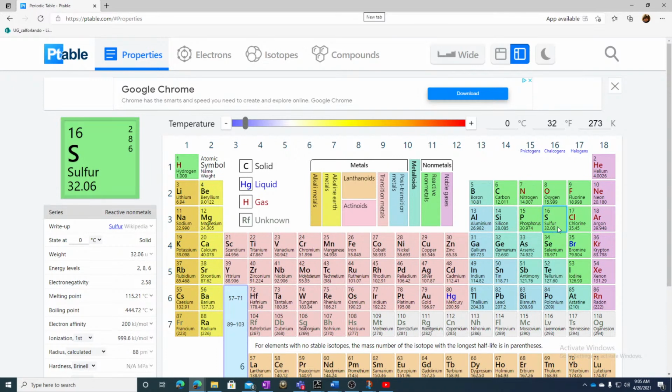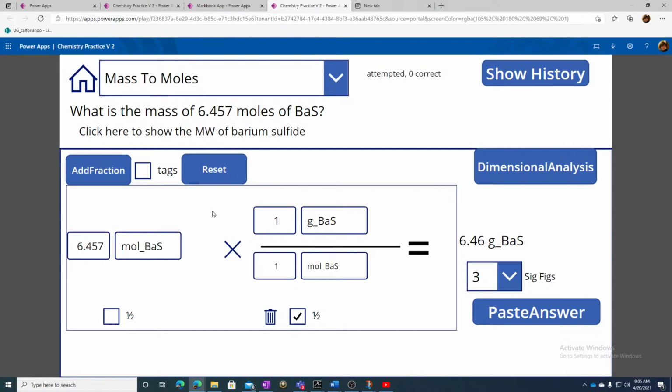So that is 169.69, I think. 0.39. 169.39, I hope. So we can say, okay, it takes 169.39 grams of barium sulfide to give me 1 mole.